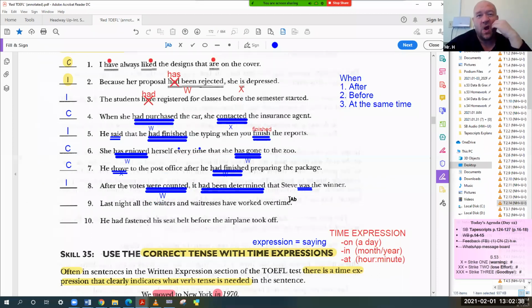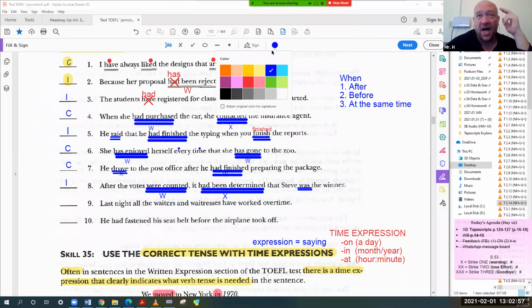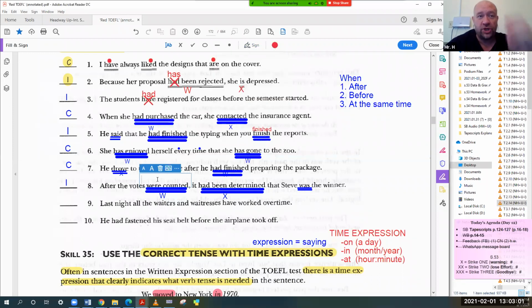And then what should we have for X? Had been determined. This one should be X. So the problem is they reversed it, and it's not logical. What should it be?